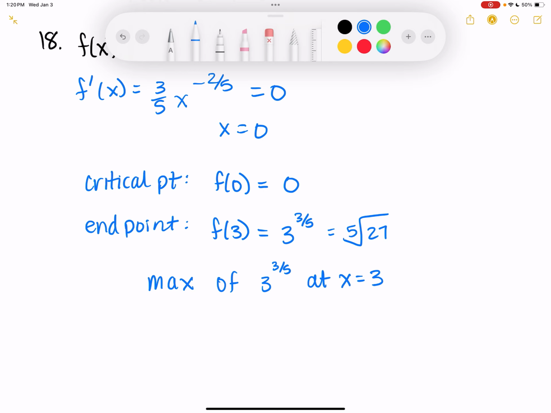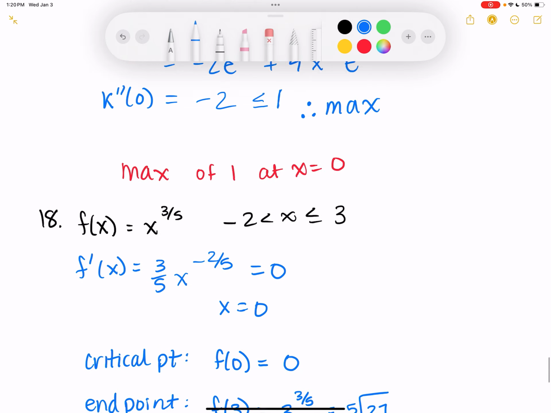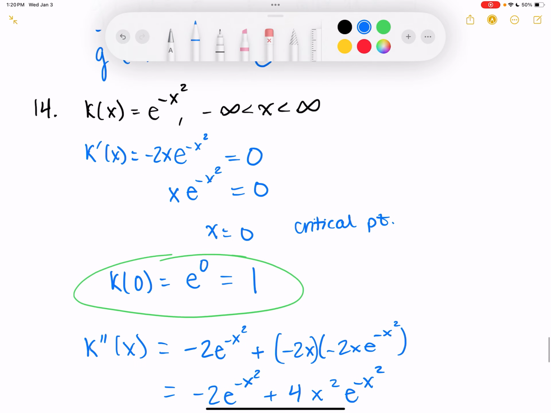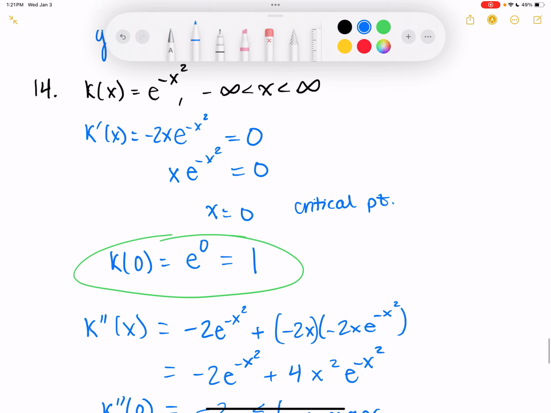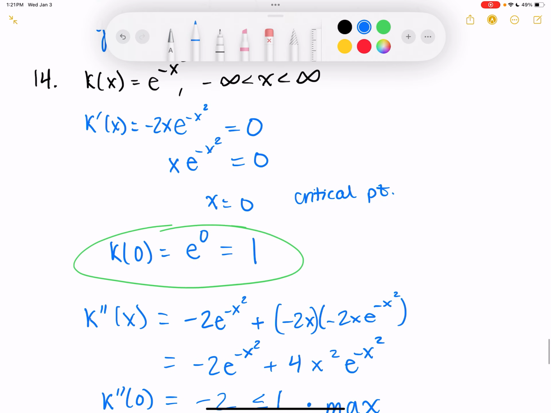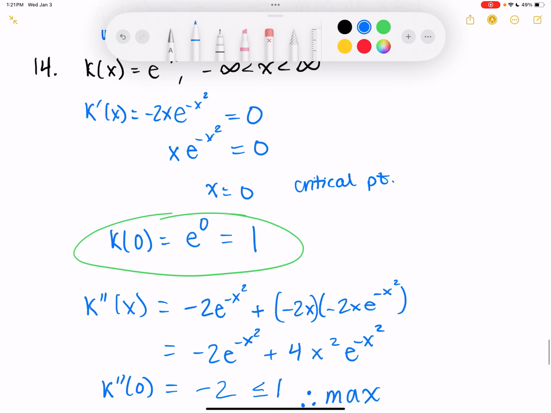And then they say that 0 is not a stationary point. For 14, since that was x equals 0, 2, that's a critical point.